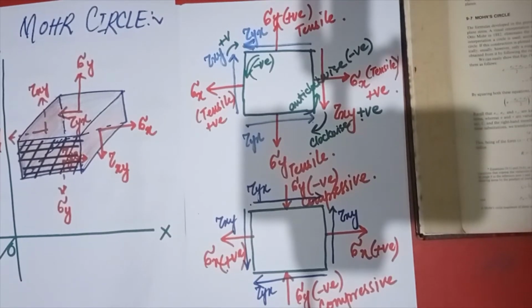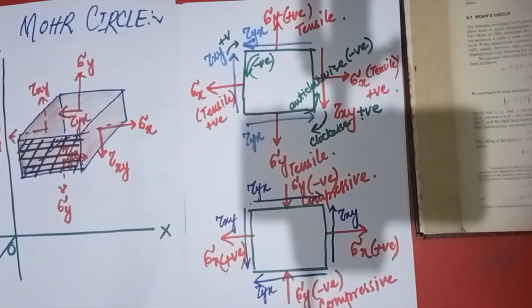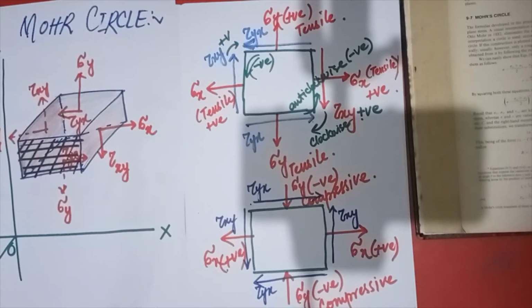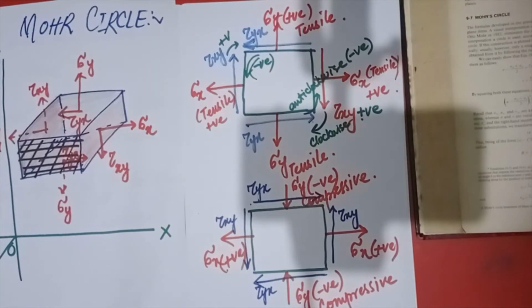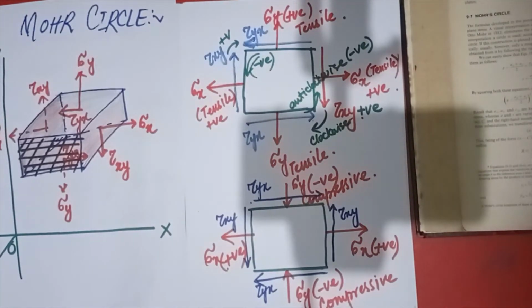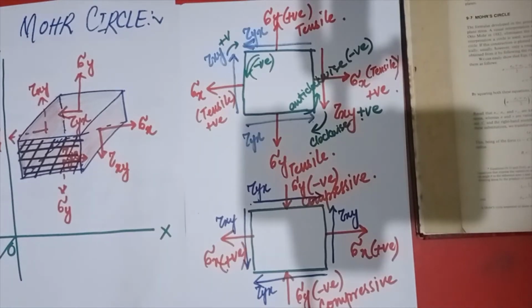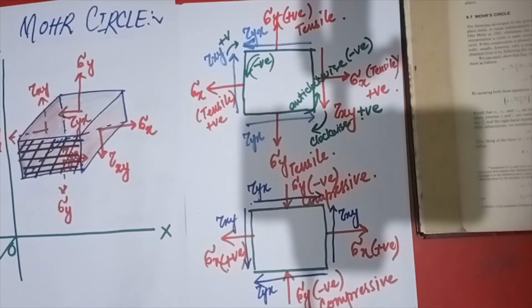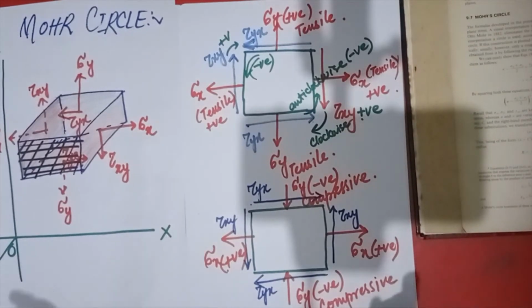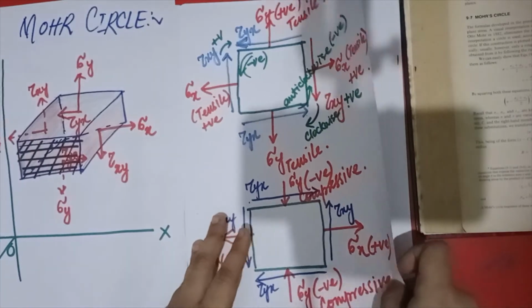If it is clockwise, the shear stress will be positive. If it is anti-clockwise, it will be negative. You decide shear stresses on the basis of whether they are clockwise or anti-clockwise, but for normal stresses, sigma, you decide whether it is tensile or compressive. So let's have a look. I am going to write down an example, which will be helpful for you to understand this.